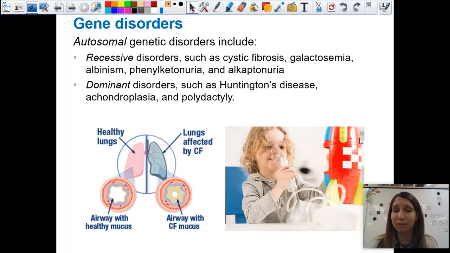Albinism is what you've heard of, no doubt, before, which is an albino individual. And those individuals inherit, again, 2 copies of an autosomal recessive allele. Now, what's interesting about albinism is that it's kind of an extra powerful disorder in a way.